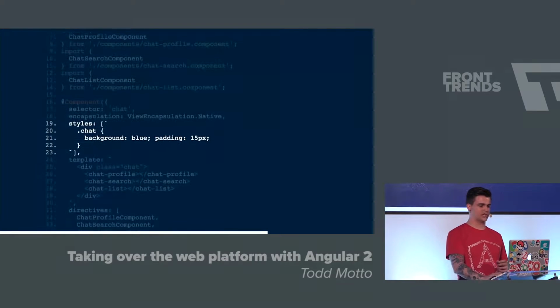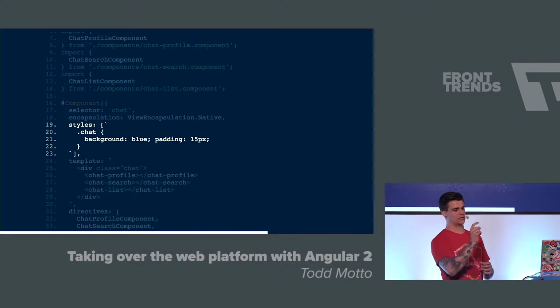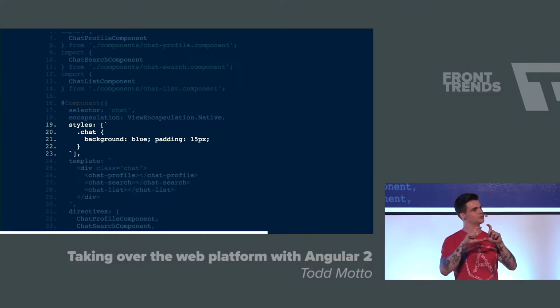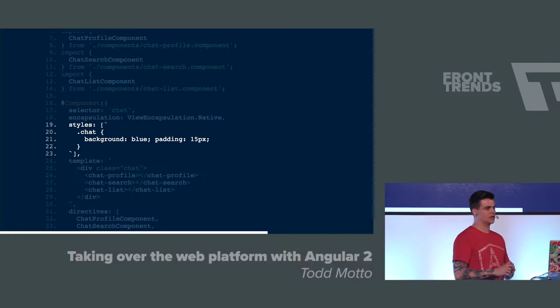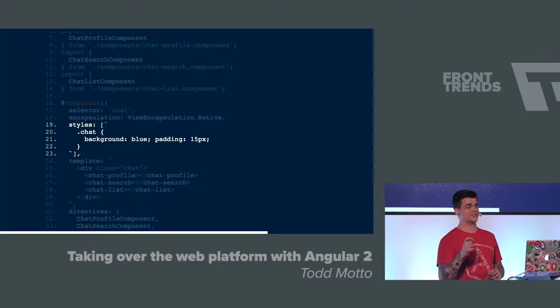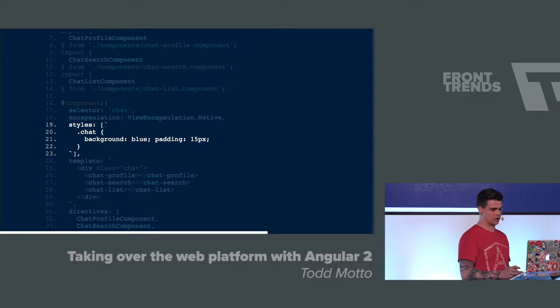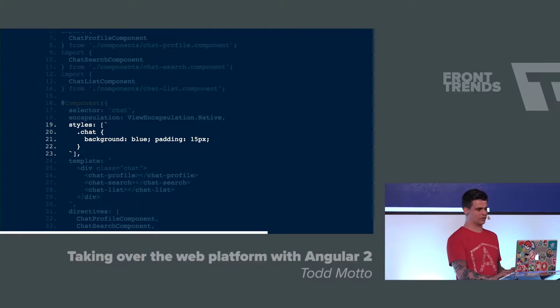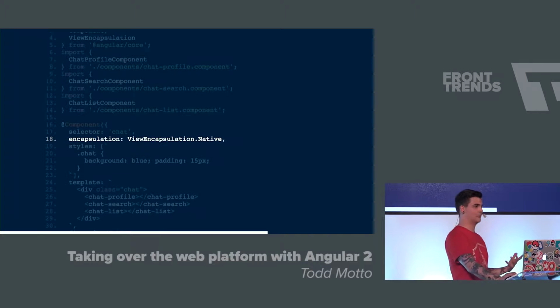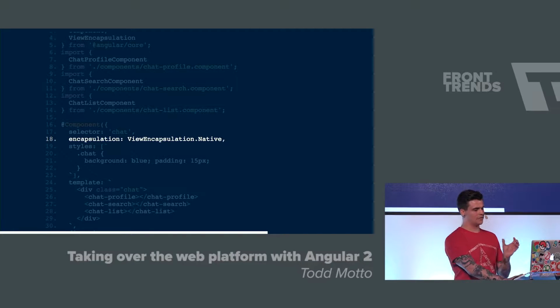Then it will actually adjust your styles, so it'll be like .chat, brackets, and then the attribute name using an attribute selector. So those particular styles are encapsulated to that component. I'm not going to go into why encapsulation is cool, because there's a big argument online about web components and Shadow DOM. But that allows us to basically create native web components in Angular 2.